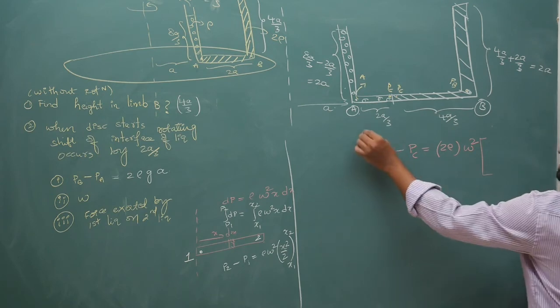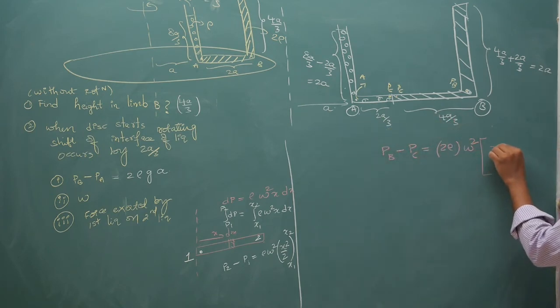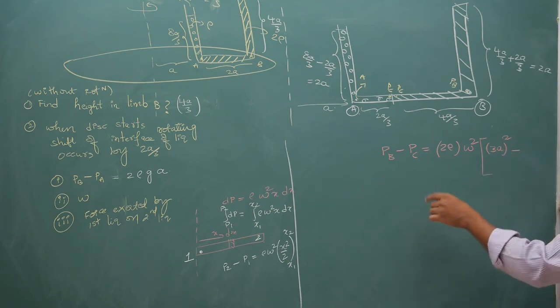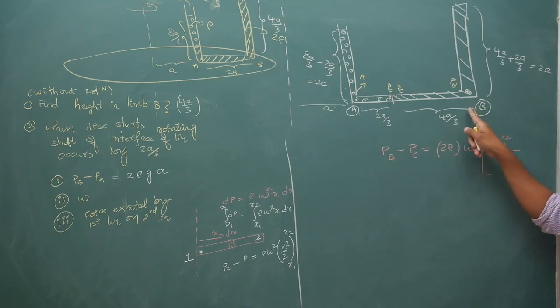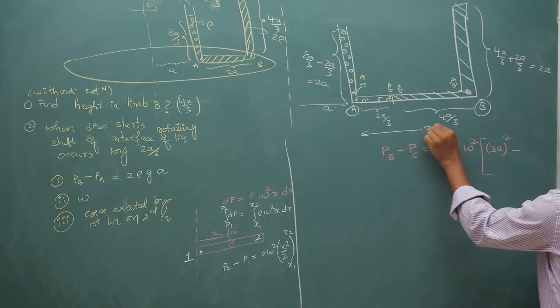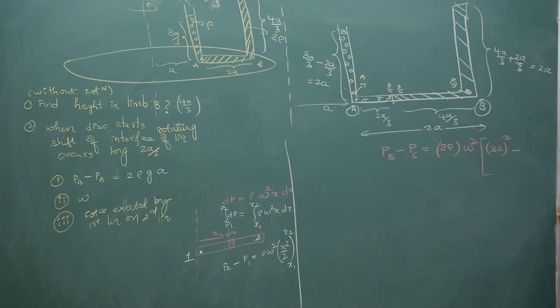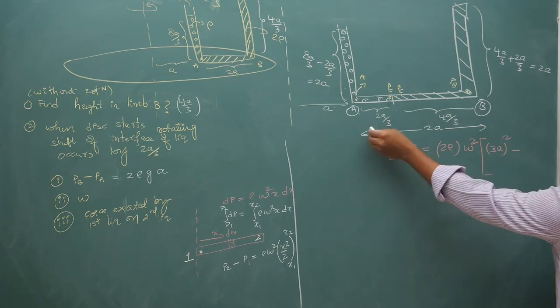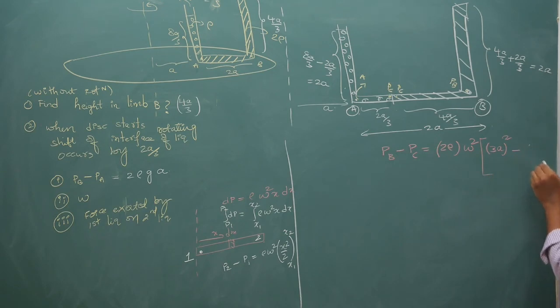The upper limit is a plus 2a, 3a, whole square, because this end is at a distance a plus 2a, since the total distance is 2a. Minus this end is at a distance of a plus 2a by 3, 5a by 3, so 5a by 3 whole square.